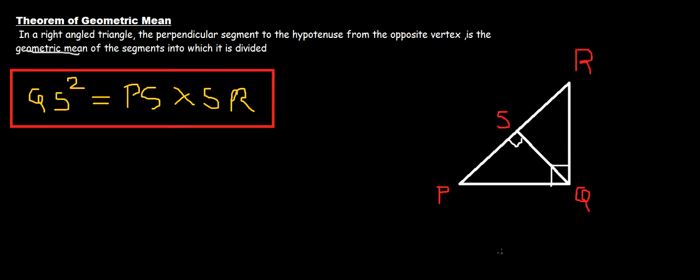From the theorem of similarity of right triangles, we have triangle PSQ similar to triangle QSR. From which theorem? The theorem of similarity of right triangles. You can check my other videos for the proof of similarity of right triangles.